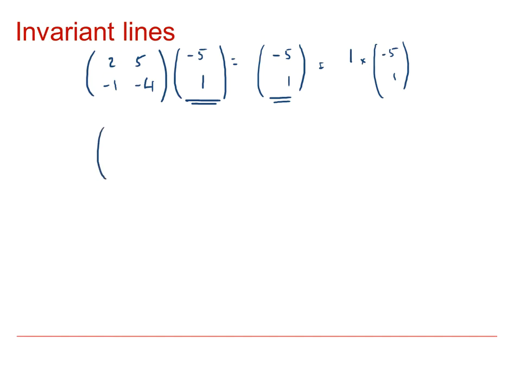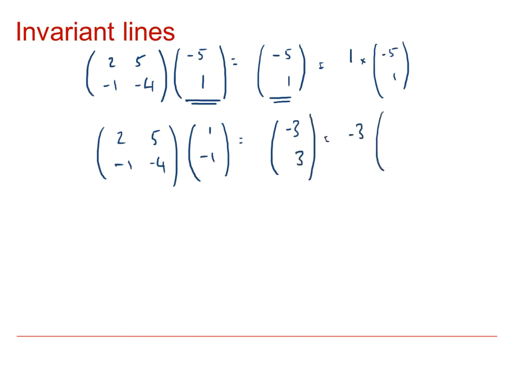Similarly, (2, 5; -1, -4), this time multiplied by the vector (1, -1), produces (-3, 3). But that's -3 times the original vector (1, -1).